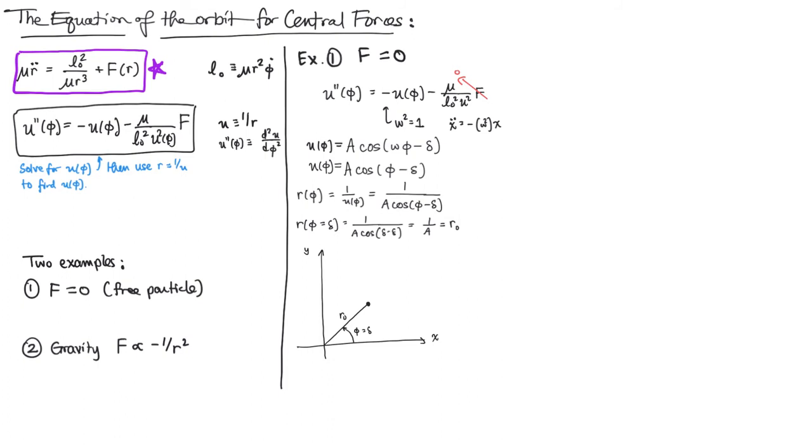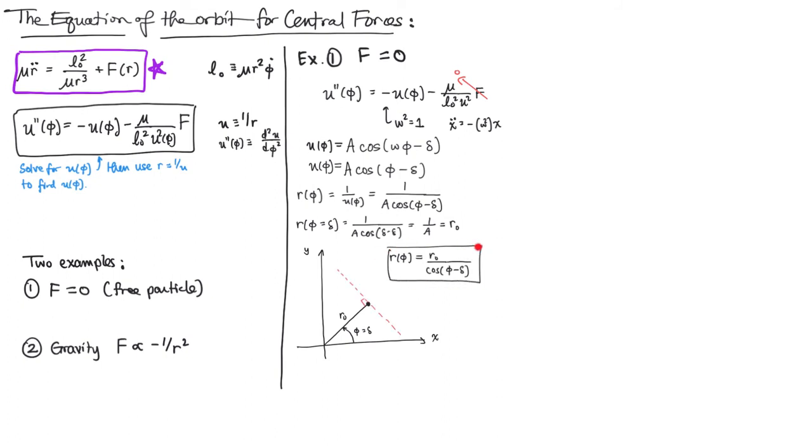That point is a point on our curve r of phi. So what is the shape of this curve, right? My equation for the orbit is given by r of phi equals r naught divided by cosine of phi minus delta. What is the shape of this curve?